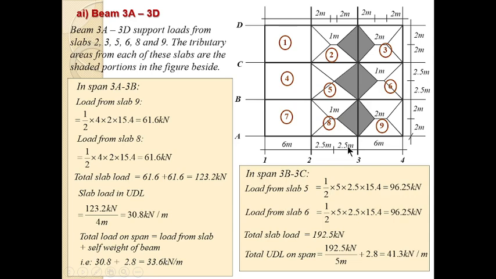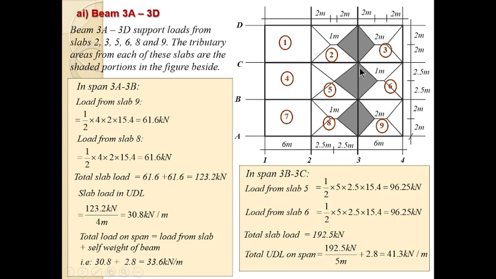And so we go to span 3B, 3C, this middle span. We will consider the load from slab 6 and the load from slab 5. So this is what we do. We look at the load from slab 5, which is this one. Slab 5 is a square slab because the dimension is 5 meter by 5 meter.